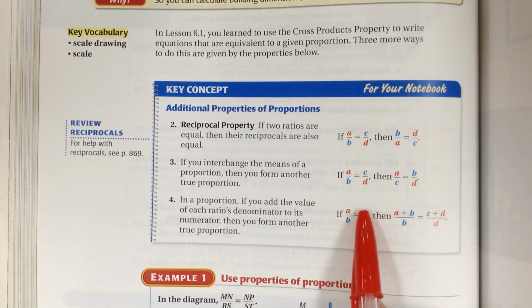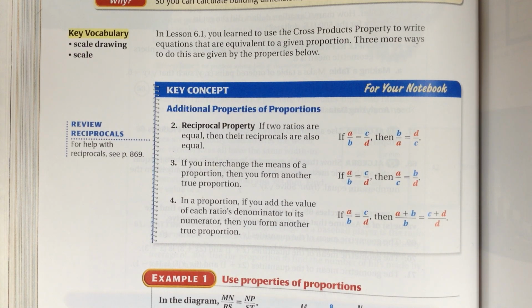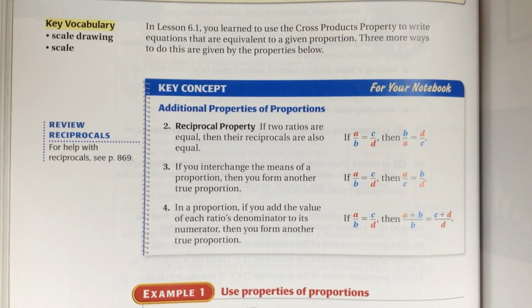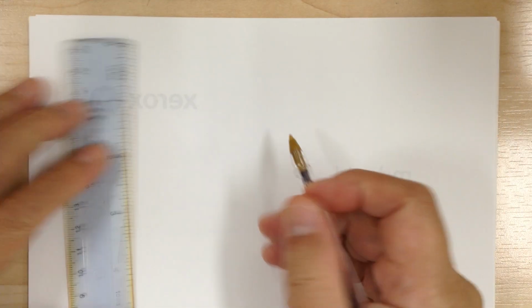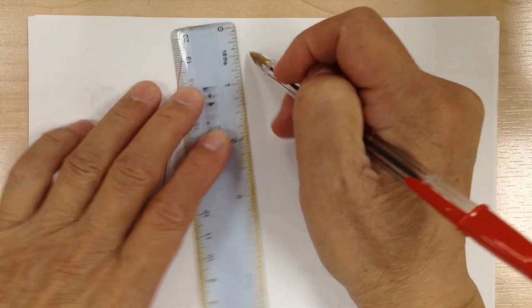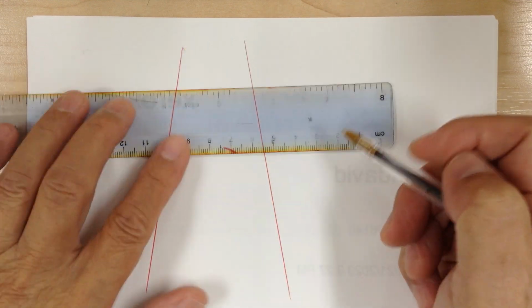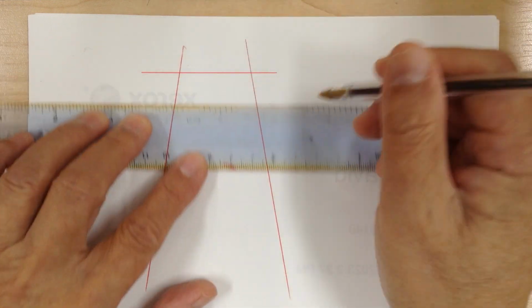Now, this seems very confusing, but actually it's very simple if I show you how to visualize it. With proportions, suppose you have two transversals and lots of parallel lines.